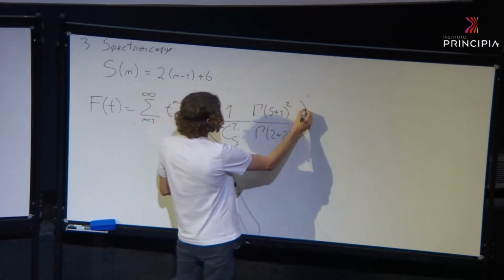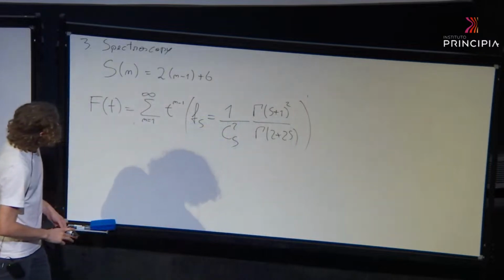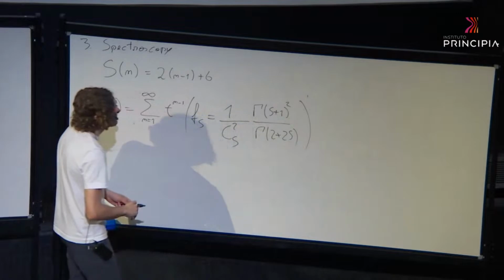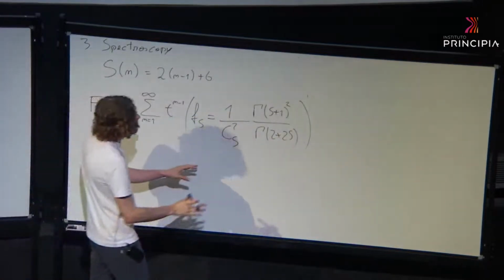So what are we doing here? We are essentially removing from the structure constants the leading large spin asymptotics.